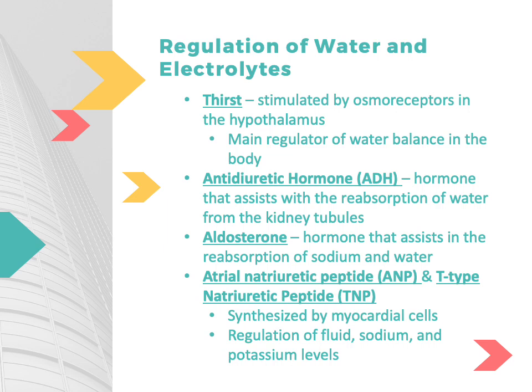The first thing we'll talk about is thirst, and this is the most potent regulator of water balance in the body. And what I mean by that is that our bodies know when we need water. So thirst is kind of the first indicator that, hey, the body needs more intake. And it helps regulate water balance when we respond to our thirst mechanism. It is stimulated by osmoreceptors in the hypothalamus, which is located in the brain.